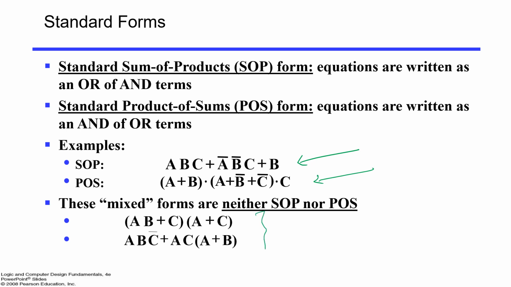Sometimes we have some mixed design as well. So we have A dot B here, then plus C dot A plus C. This is mixed, product of sum and sum of product mixed together, right? Different varieties of designs we can see here. Once someone says sum of product form, we should always have dots then plus, dots then plus, right?